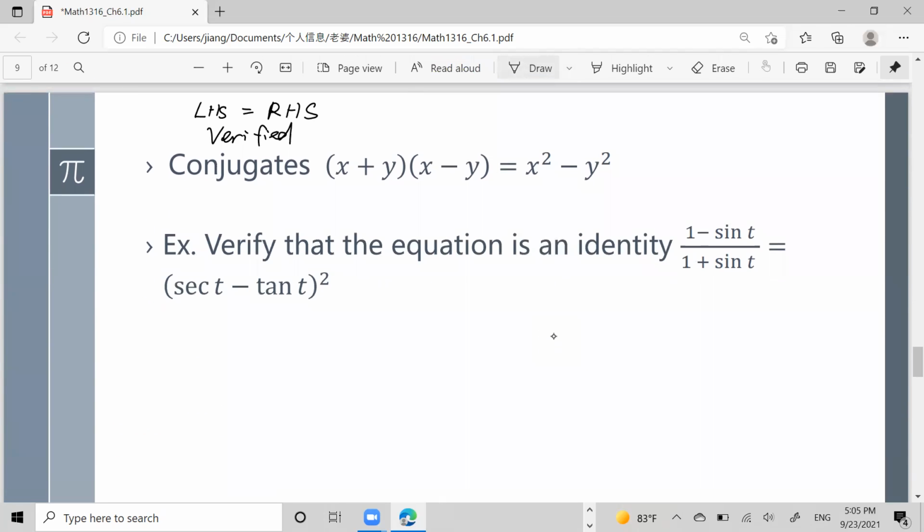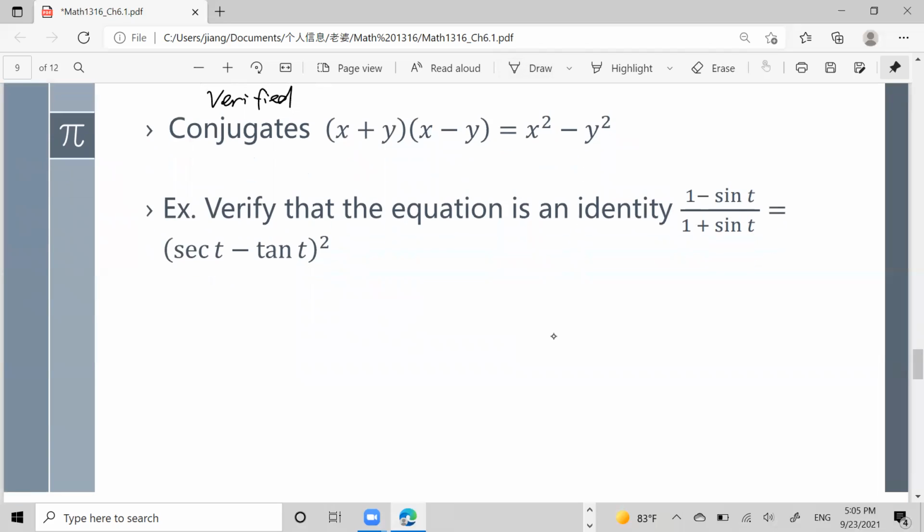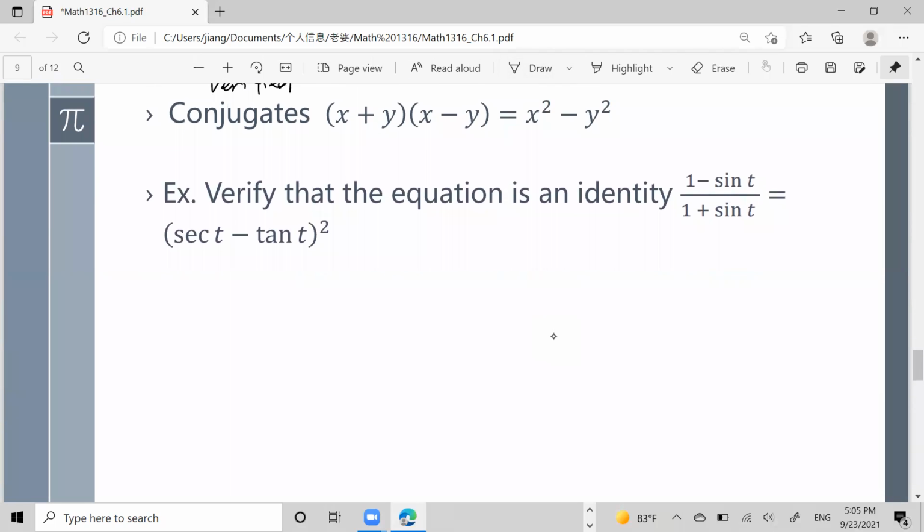Okay, let's see conjugate. I mentioned this expression before. So let's see the verification. Verify the equation is an identity. That means we can start from the left-hand side. Maybe you see it's so scary, but I'm sure you can do it. Okay, let's start from the left-hand side.